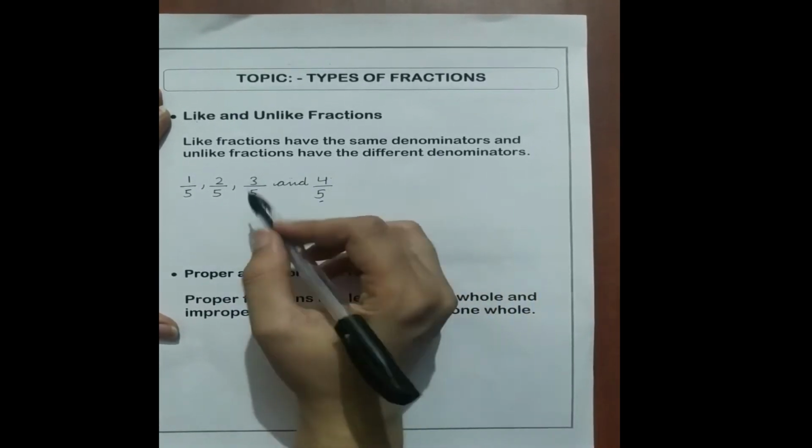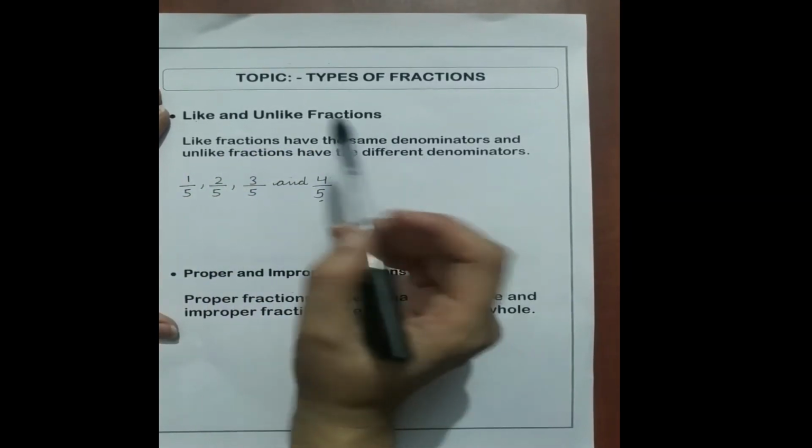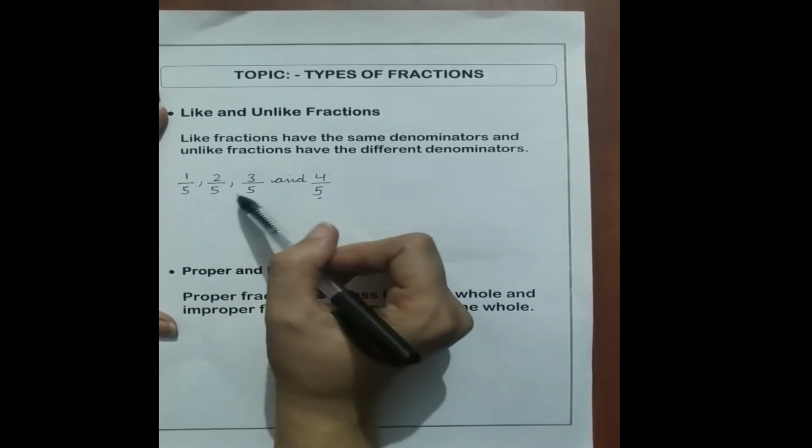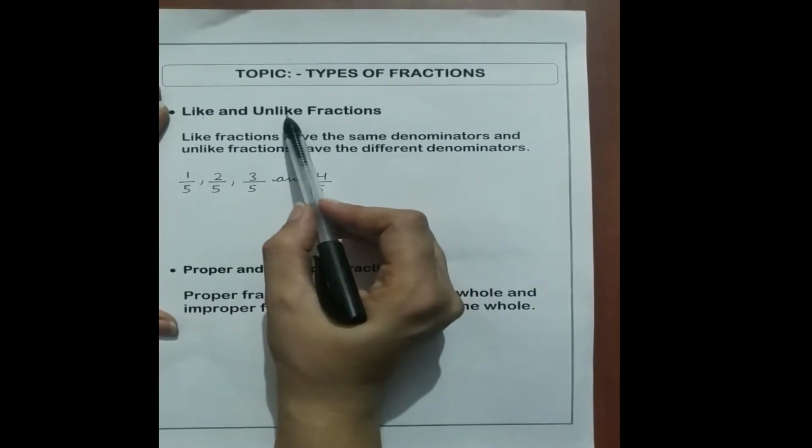We call all the fractions of the same family like fractions, and the fractions of different families are called unlike fractions.